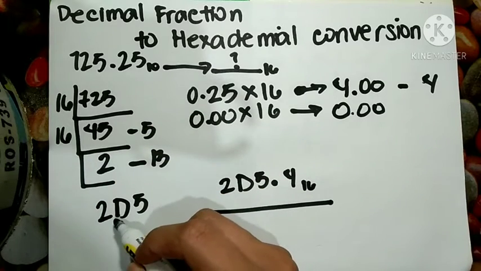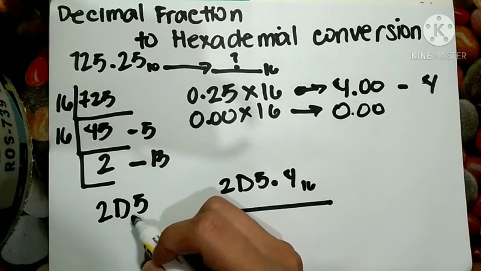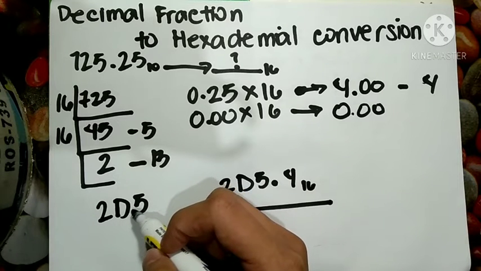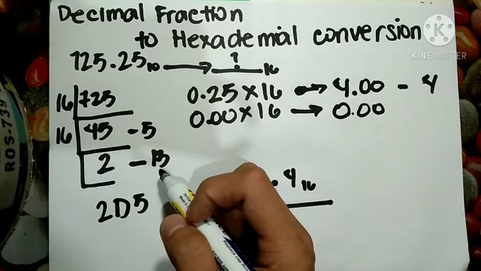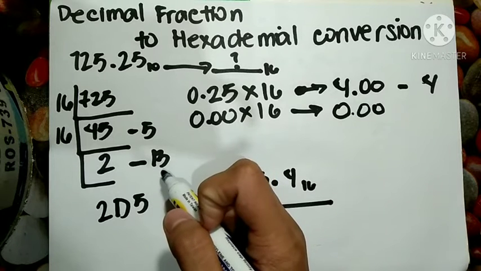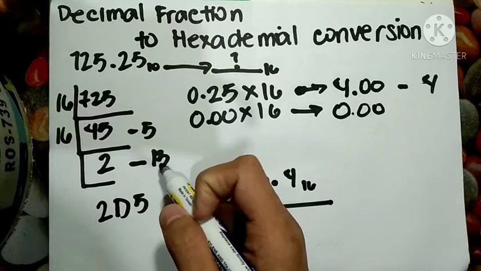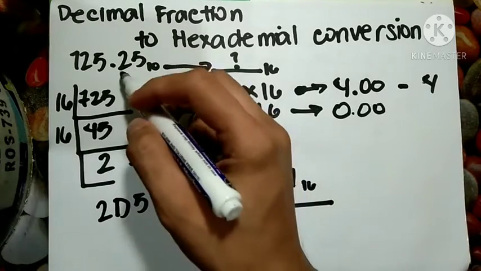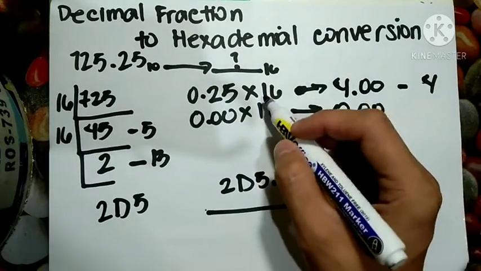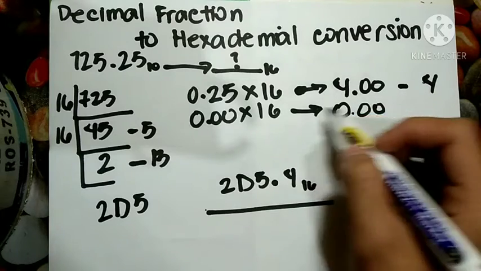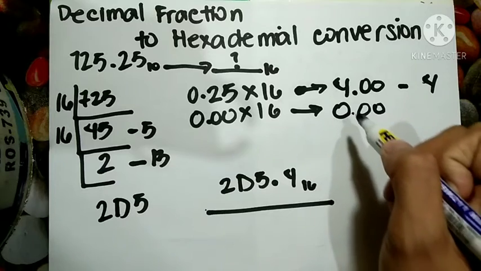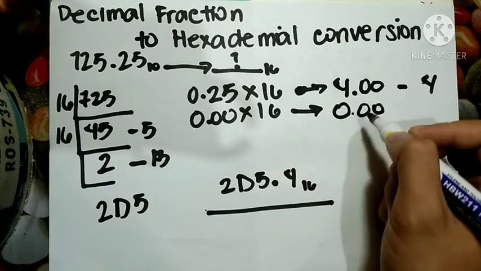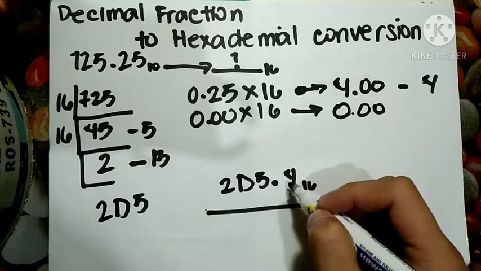Then our final answer is 2D5 because 13, when converted to hexadecimal, is equal to D. Then the decimal, you multiply it by 16, you get the answer 4. We already stopped because we already got the 0. Then our final answer is 2D5.4.